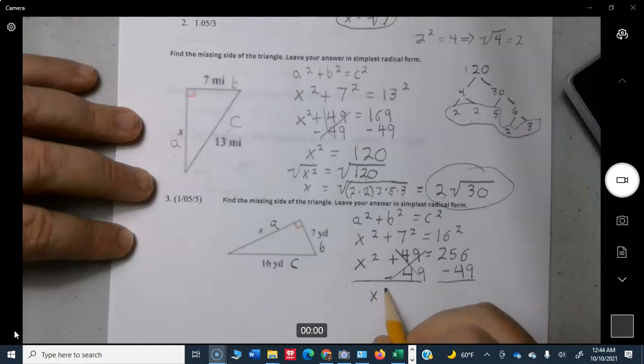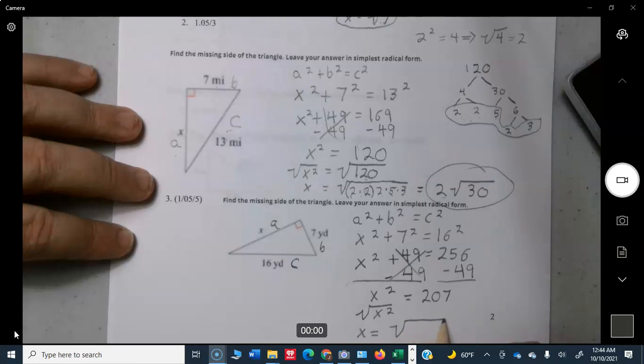You have x squared equals 256 minus 49, and that's going to be 207. Okay, so you take the square root of both sides, and on that side it simply equals x, and is the square root of 207.